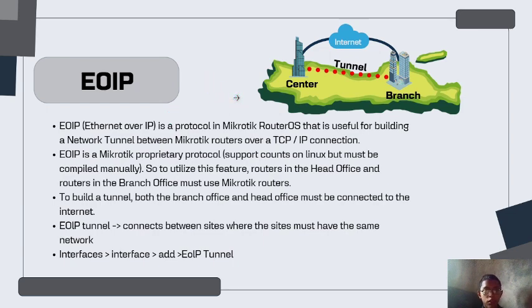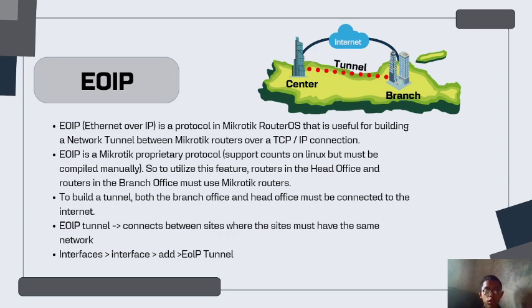EoIP, or Ethernet over IP, is a protocol in MikroTik RouterOS that is useful for building a network tunnel between MikroTik routers over a TCP/IP connection. EoIP is a MikroTik proprietary protocol supported on Linux but must be compiled manually. So to utilize this feature, the router in the head office and the router in the branch office must be MikroTik routers.